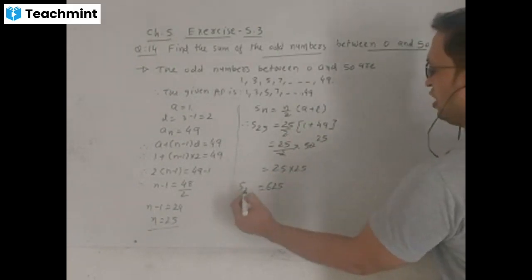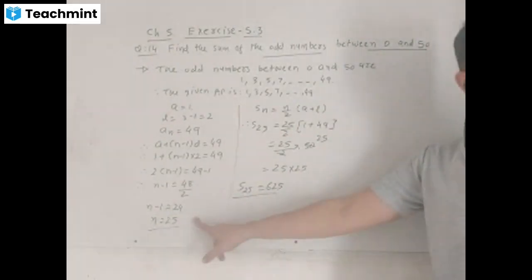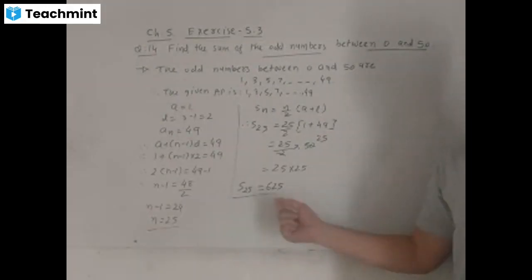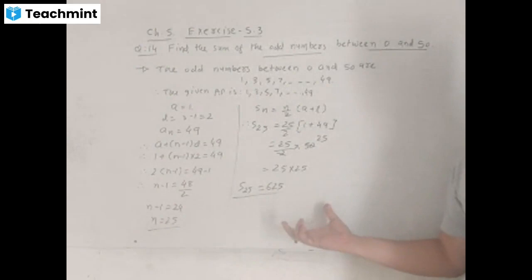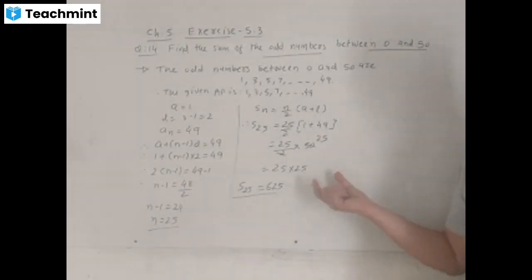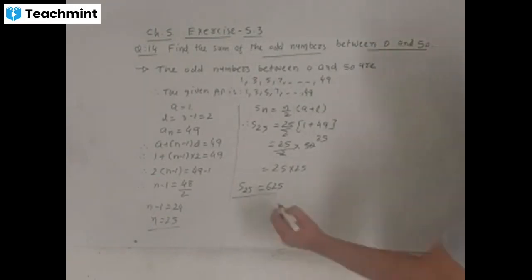And we also wrote a formula earlier. The sum of the first n odd numbers is equal to n square. Here n is 25, that is 25 square. And for even numbers, the sum of the first n even numbers is equal to n square plus n, otherwise n into n plus 1.